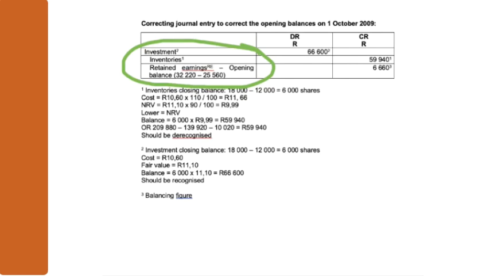So what should have happened? Well, it should never, ever, ever have been inventories. So you need to take out whatever is in inventories. It shouldn't be inventories. What should it be? It should be investment. So debit the investment, make that more, take it out of inventories, give it to investment. But it wasn't for the same amount because we did completely different things. What other balance gets affected? The balance of retained earnings.